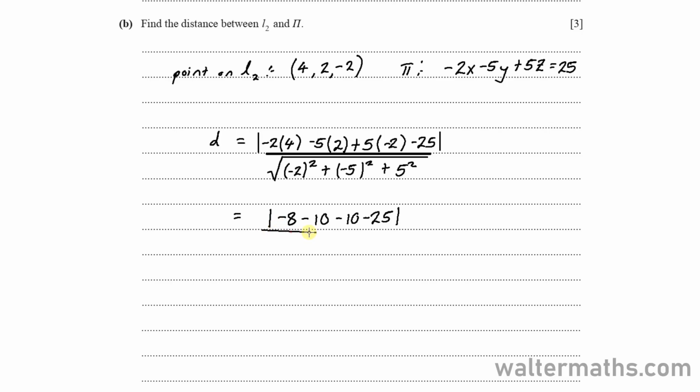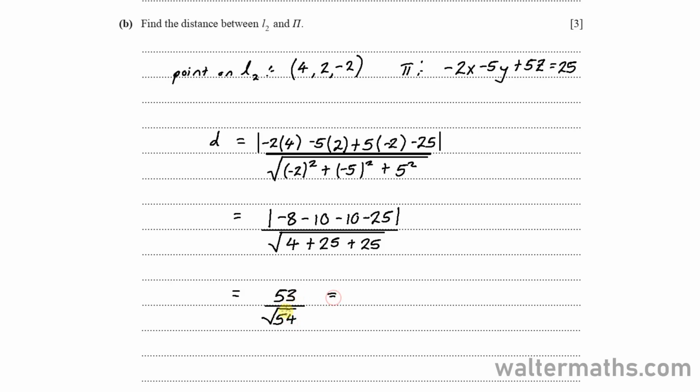And that's over the square root of minus 2 squared, which is 4, plus minus 5 squared, which is 25, plus 5 squared, which is 25. Now minus 8 minus 10 minus 10 minus 25 is minus 53, and the absolute value is 53. And it's over the square root of 4 plus 25 plus 25, which is the square root of 54.